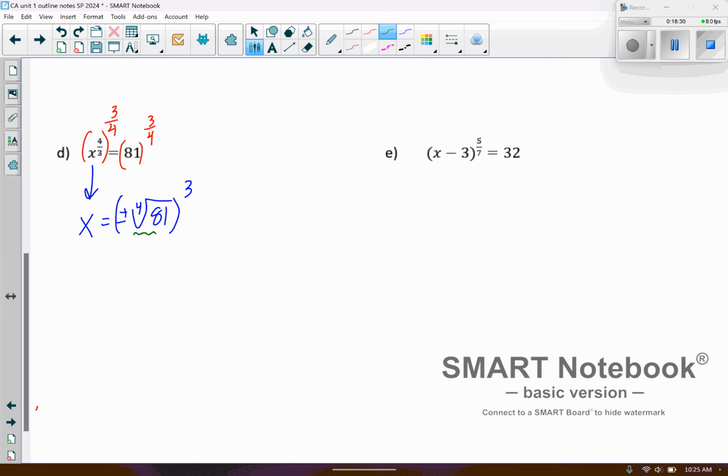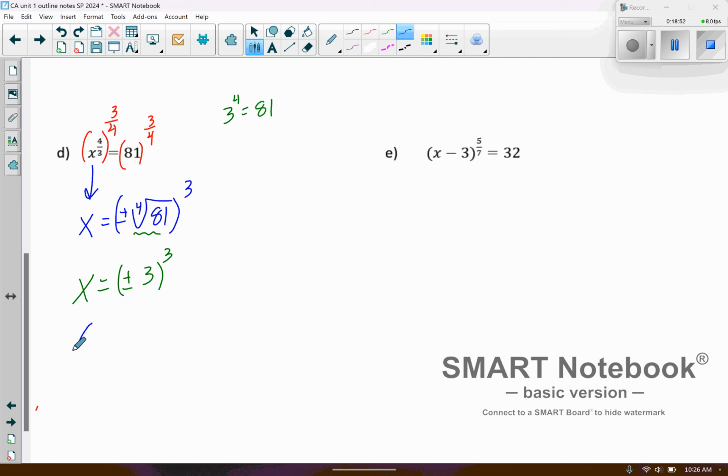So looking at this, if you look at your little cheat sheet, you'll see that 3 to the power of 4 equals 81. So this is going to simplify into a plus or minus 3. So we're going to have x equals plus or minus 3 raised to the power of 3. And that's interesting. I think that was just our last answer.